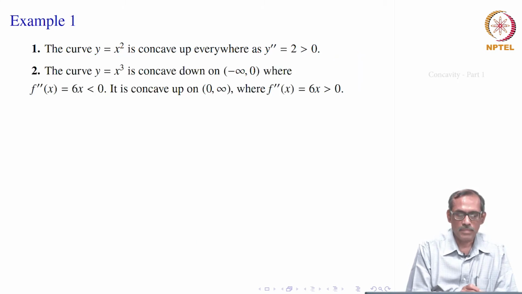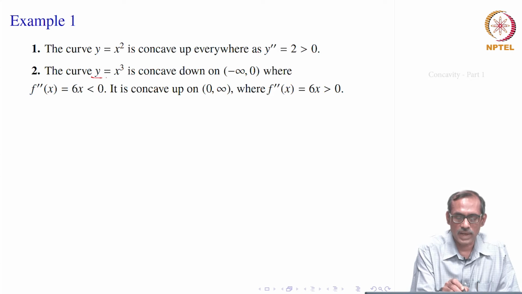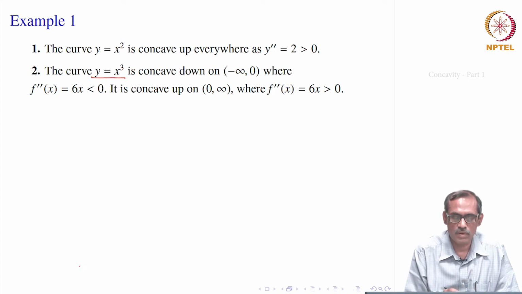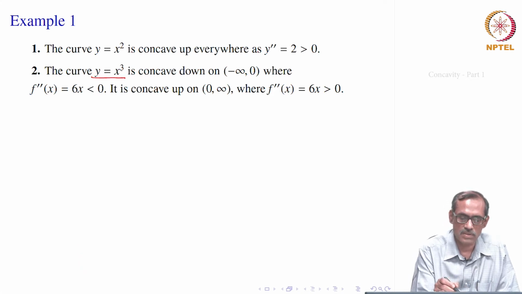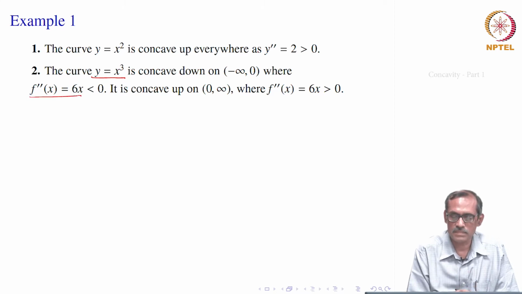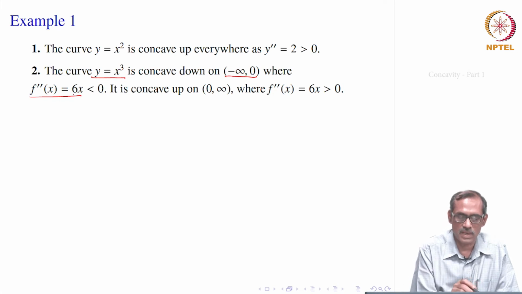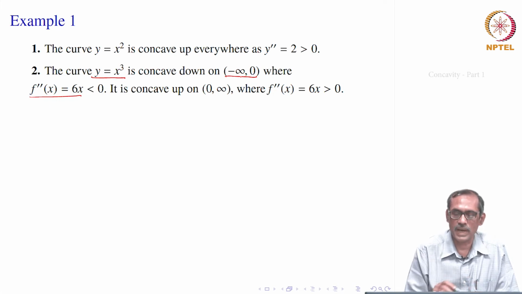Okay. If you take the curve y equal to x cubed and go for its derivative, that gives us 3x square, again once more differentiation, that gives 6x. So, f double prime x equal to 6x, where it is greater than 0, where it is less than 0. If you consider from minus infinity to 0, x is negative, in that case you get 6x to be negative.